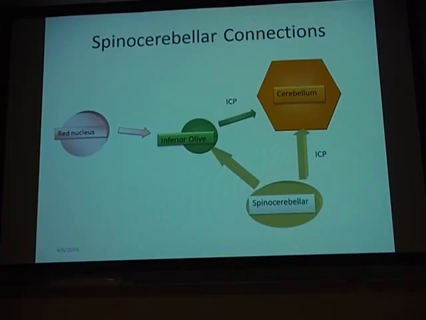So these spinocerebellar tracts provide that background information that I was talking about as sort of our postural set, so that even as the motor cortex is saying, this is what I want to do, it's getting information about the body, about the current position of joints, the current tension of muscles, the current extension against gravity.